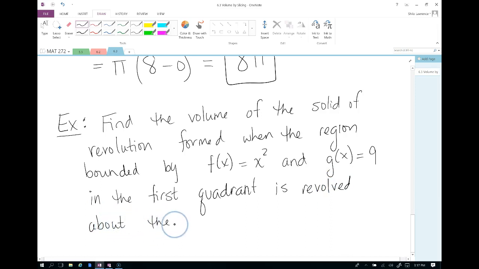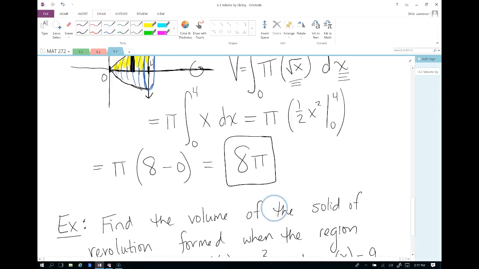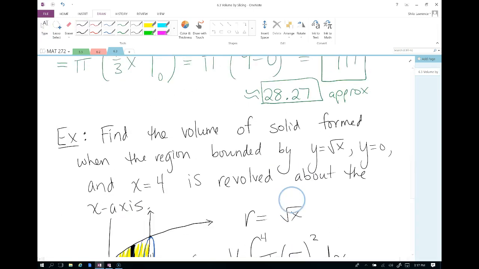That's one thing that's going to be a little bit different in this problem, where we're revolving around a different axis. So you might want to look back and see what we're going to do a little bit differently since we're going around the y-axis. We always want to start with a picture of our two-dimensional region, but I'm going to scroll back up in the notes here so we can remind ourselves what exactly has to be done differently if we're going around the y-axis.